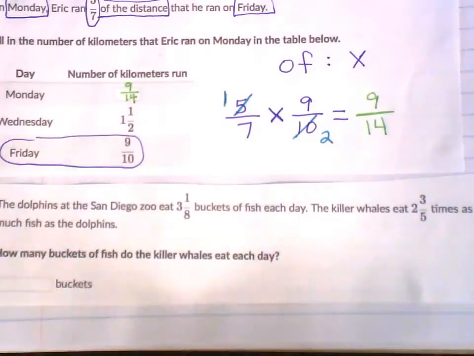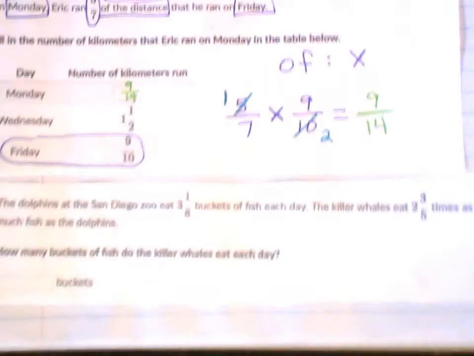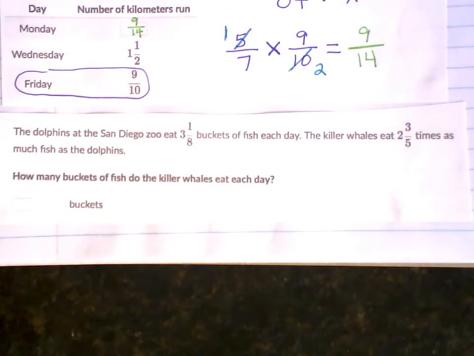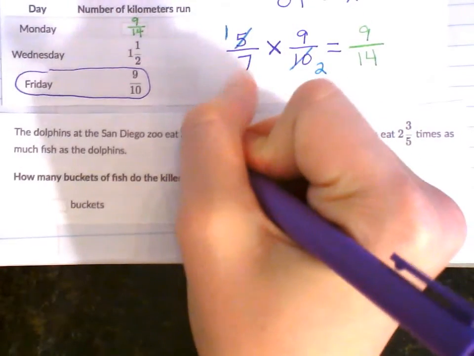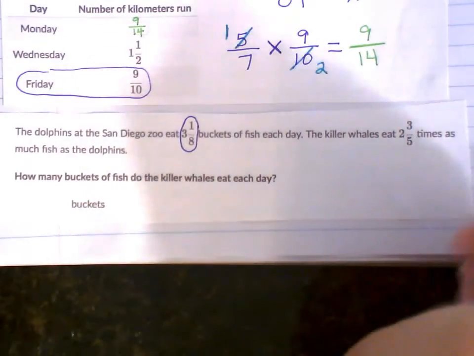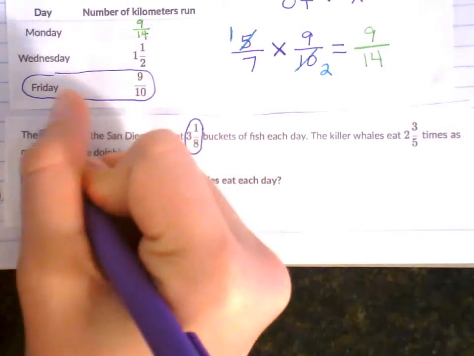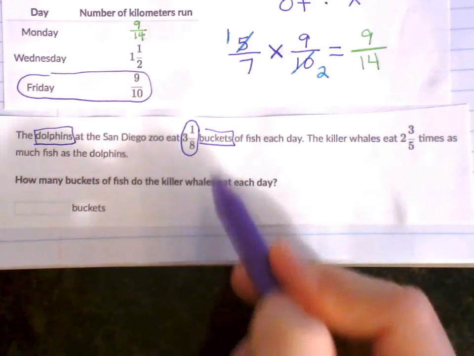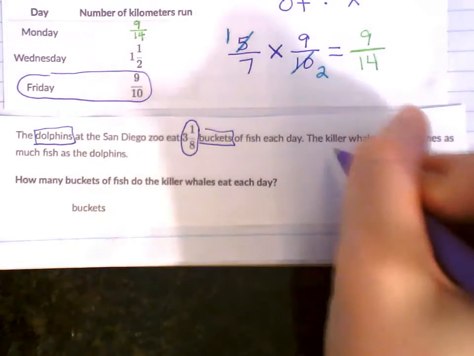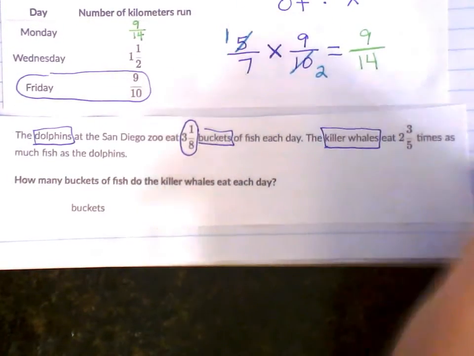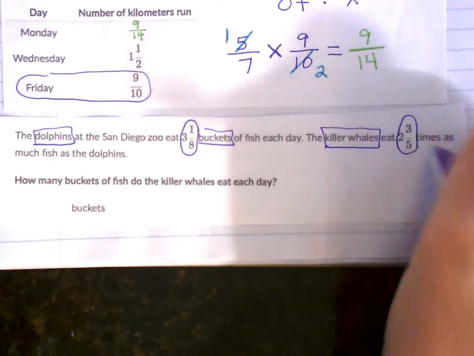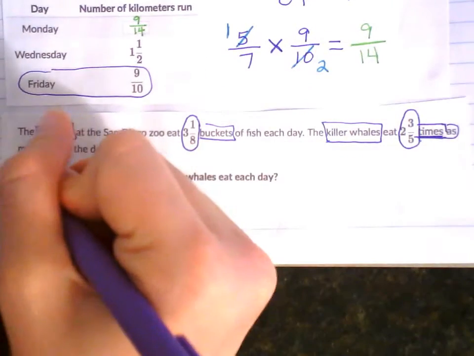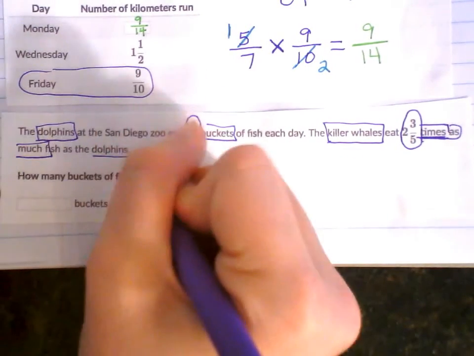So one more word problem. The dolphins at the San Diego Zoo eat 3 1/8 buckets of fish each day. So the dolphins eat 3 1/8 buckets. Dolphins, 3 1/8 buckets of fish. The killer whales eat 2 3/5 times as much fish as the dolphins.